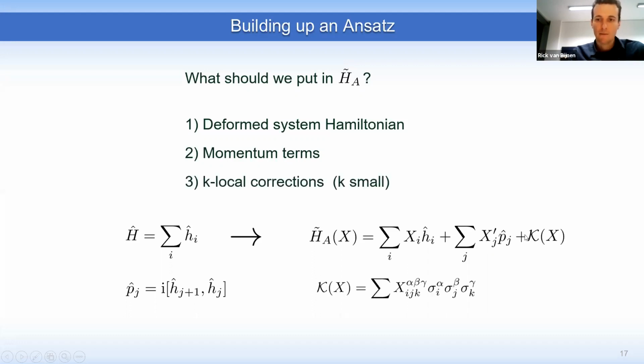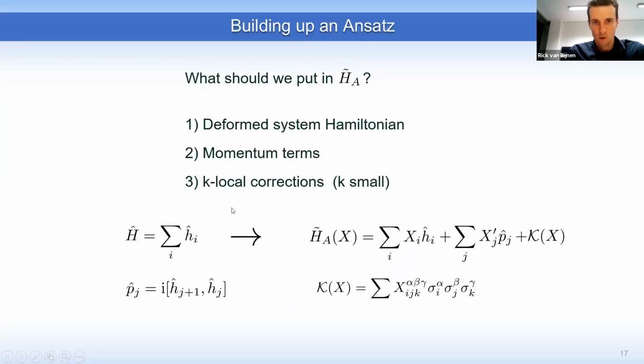And then finally, another thing we needed is we can add k-local corrections, where k is typically much smaller than the subsystem size. So just add here 2-body operators, 3-body operators, etc. K is maybe 2, 3, 4, something like this. And I can again add fit parameters in front. So this is the recipe.